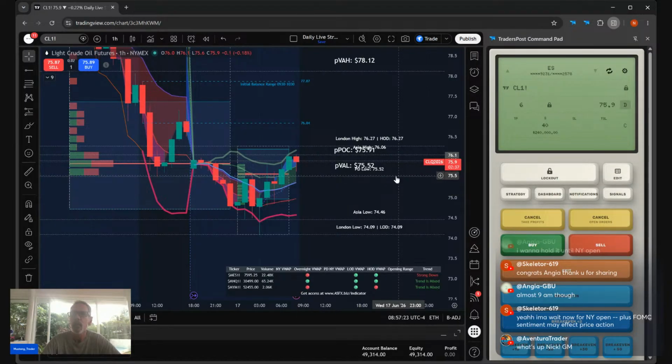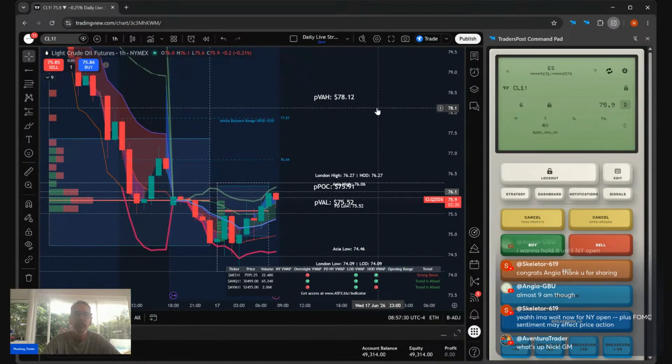Value area low at 75.52. London high was 76.27. Previous day value area high is 78.12.